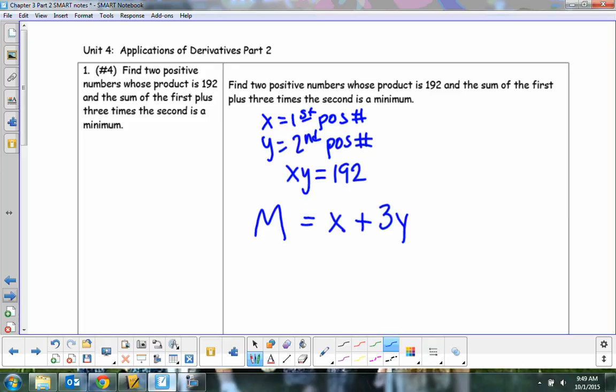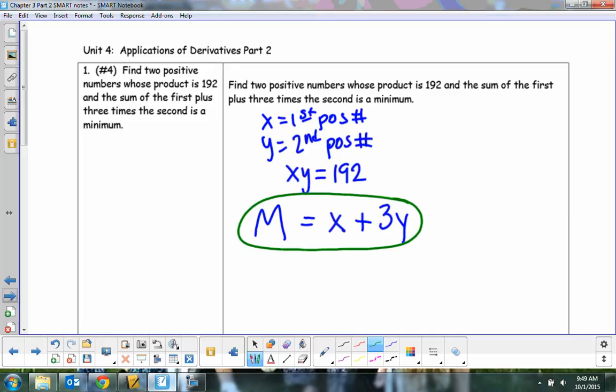So this equation right here is what I want to minimize. But what's not good so far? Two variables. I've got x's and y's. So we have to use other information, right? And we have other information.